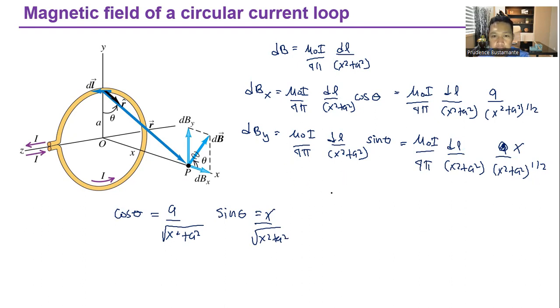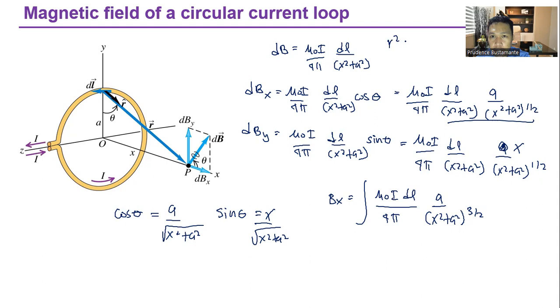Next, to find Bx, it is equal to the integral of mu naught I dL over 4 pi, and then we multiply by a over (x squared plus a squared) to the power of 3 halves, because this is actually r squared times r, which is r cubed.